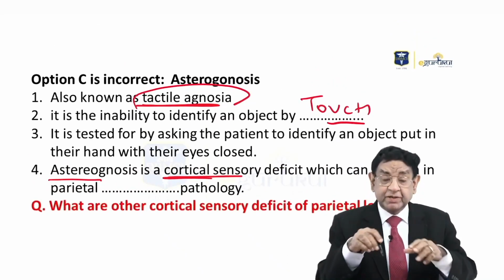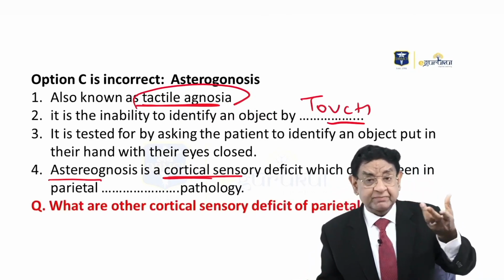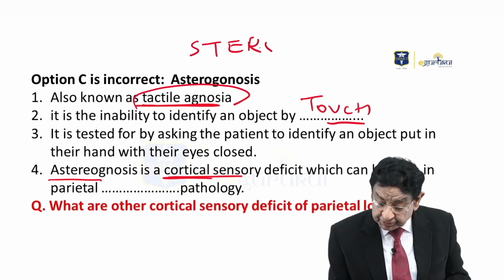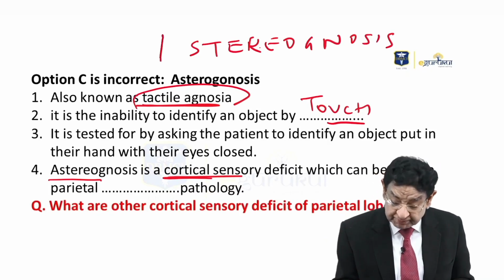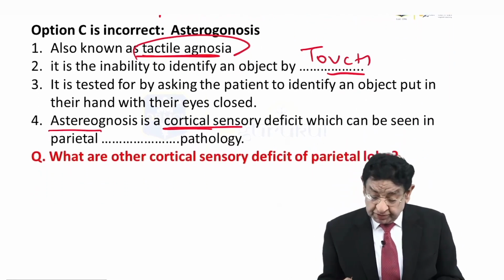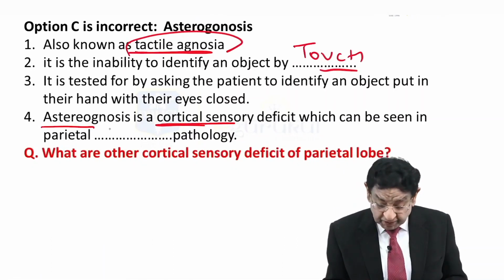When a patient has normal function, that we are able to identify anything by touch, we call it stereognosis. And when the patient is not able to, then we use the term astereognosis. So it is a type of sensory deficit in parietal lobe pathology.